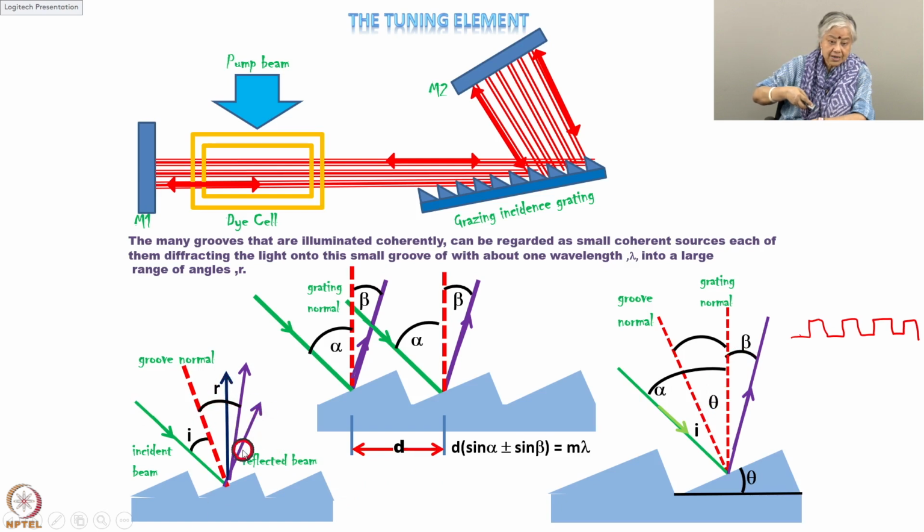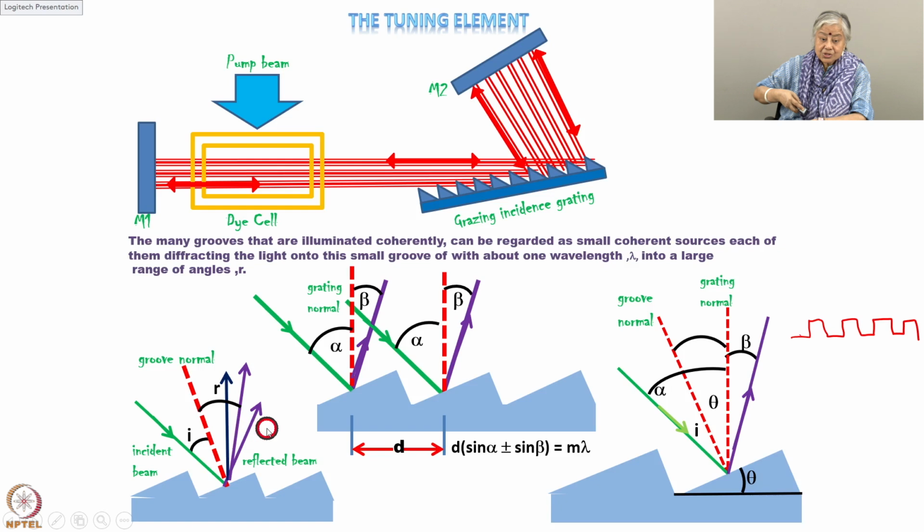This is the incident ray and this is a reflected ray, and these two are the diffracted rays. Suppose these two diffracted rays coincide with this, then you will get the optimum intensity.